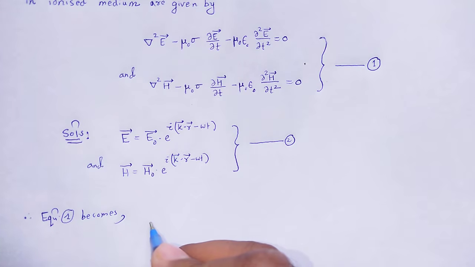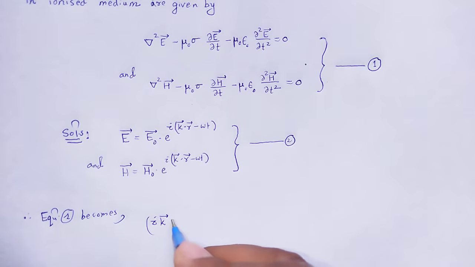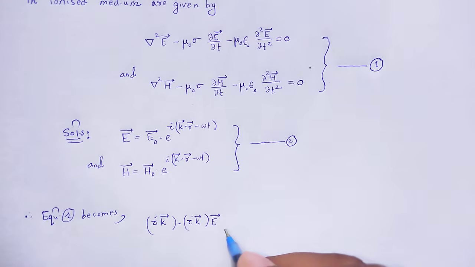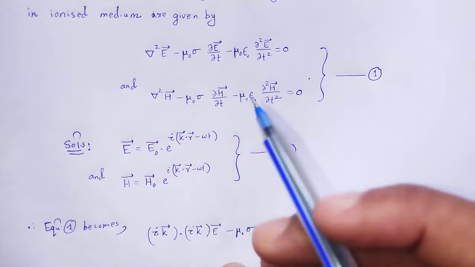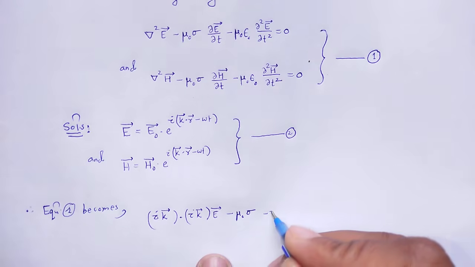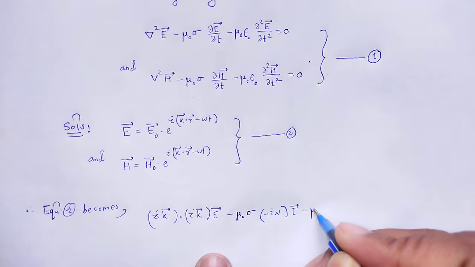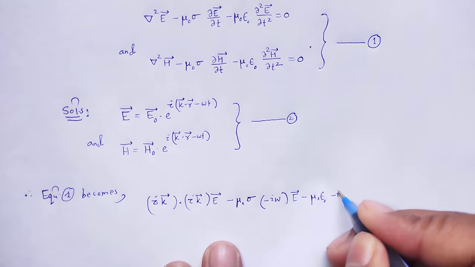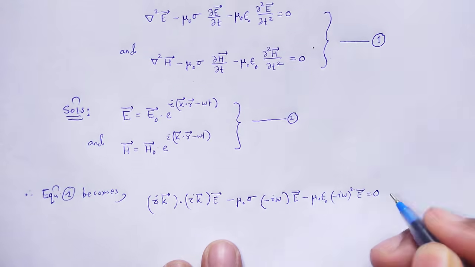i k vector dot i k vector E vector minus mu naught sigma, in place of del by del t, minus i omega E vector, minus mu naught epsilon naught, in place of del by del t, minus i omega square E vector is equal to 0.